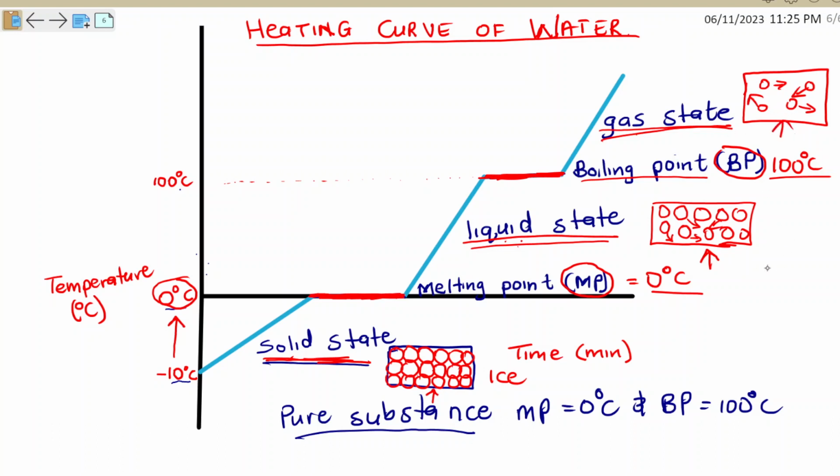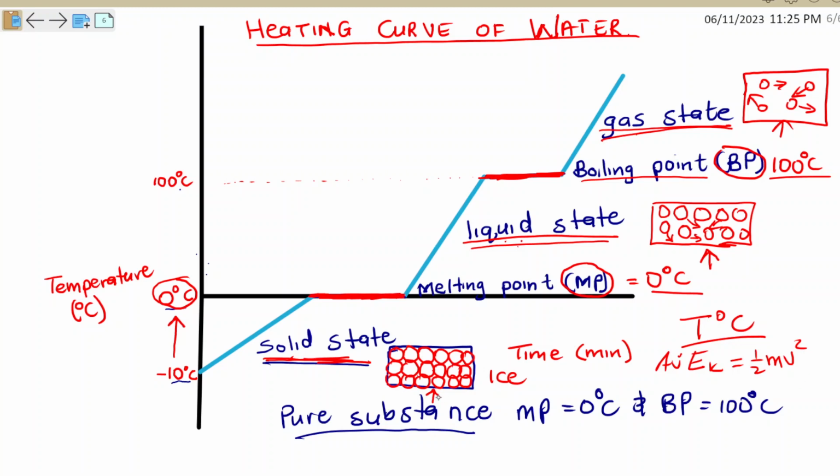Now when you look at temperature, by definition it is the measure of the average kinetic energy, and we know that kinetic energy has a formula: half mv squared.